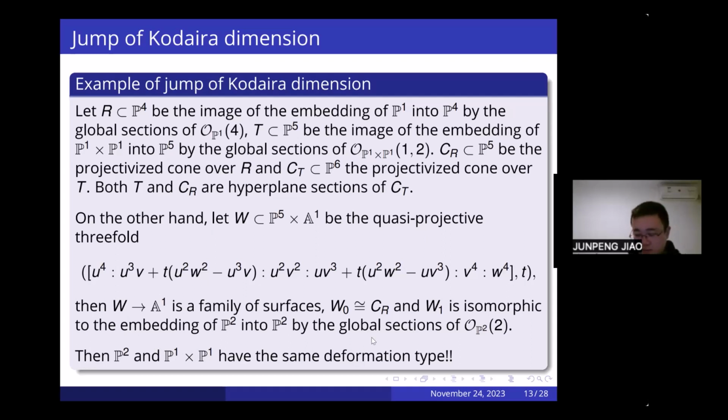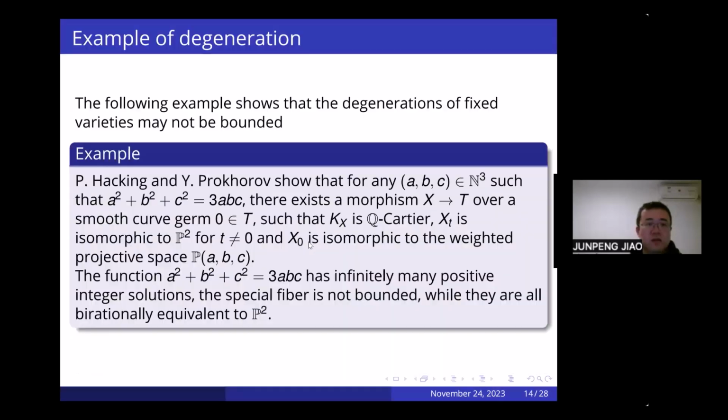This is not good because in the first deformation, the canonical class of the total space is not Q-Cartier. That's why we need to assume the canonical class is Q-Cartier.